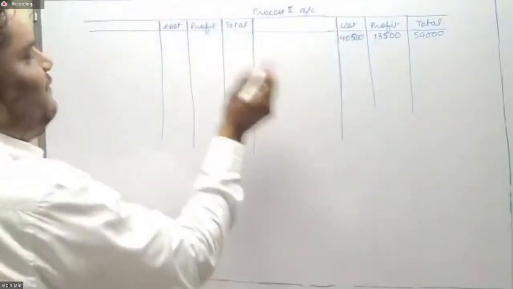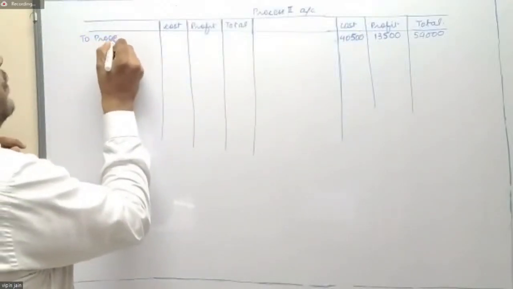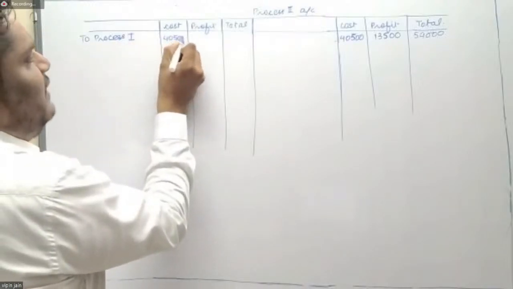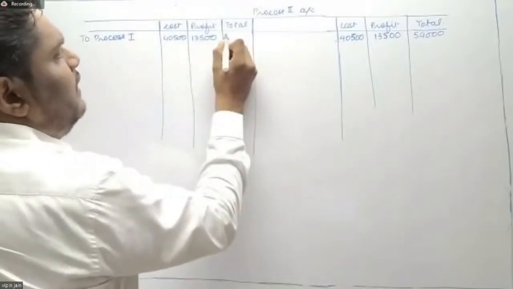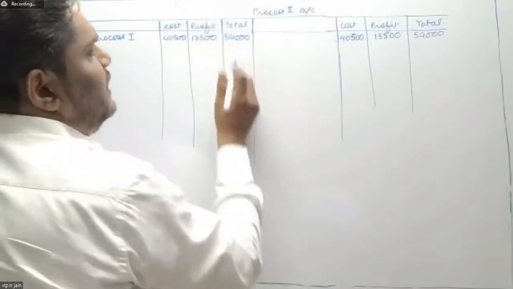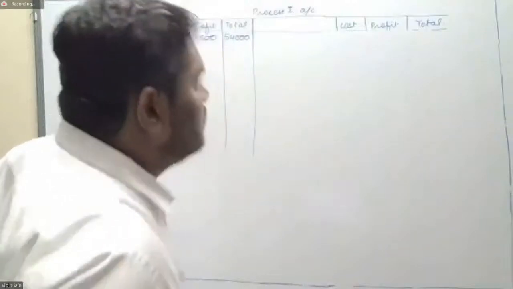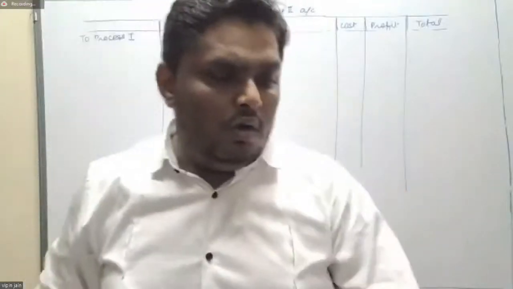Now the output of process first is to be transferred to process second. So to process first, that is 40,500. Profit is 13,500 and the total is 54,000.